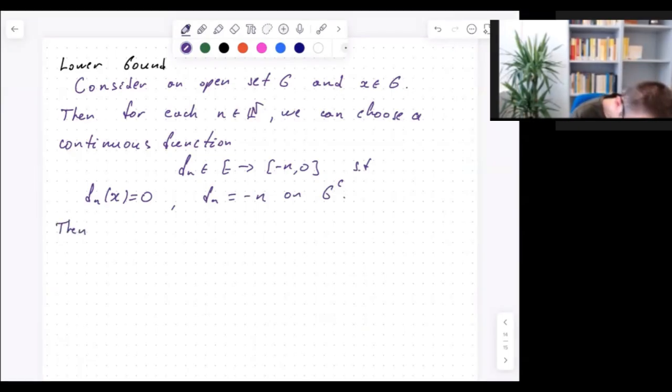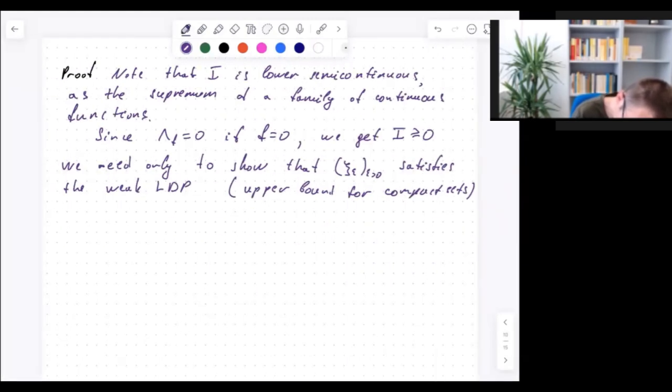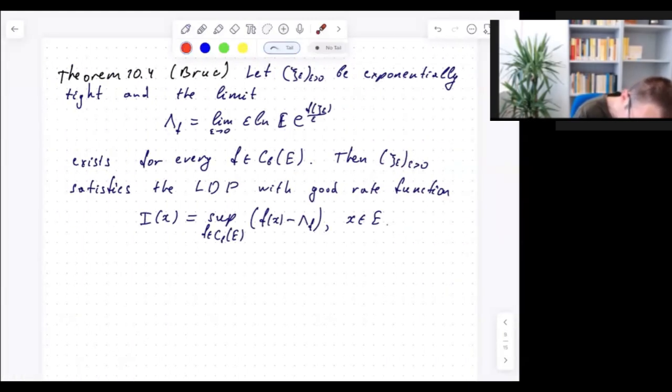Then what we have is that minus I of x is equal to, let's go back to the first statement of the lemma. You have that I is equal to the supremum of that one. But now let's put a minus here. Then you move this minus inside, and the supremum will be replaced by an infimum, and you will have minus inside the bracket.